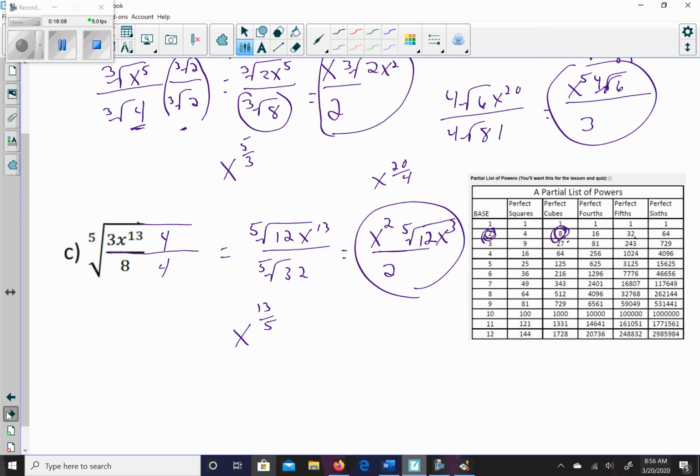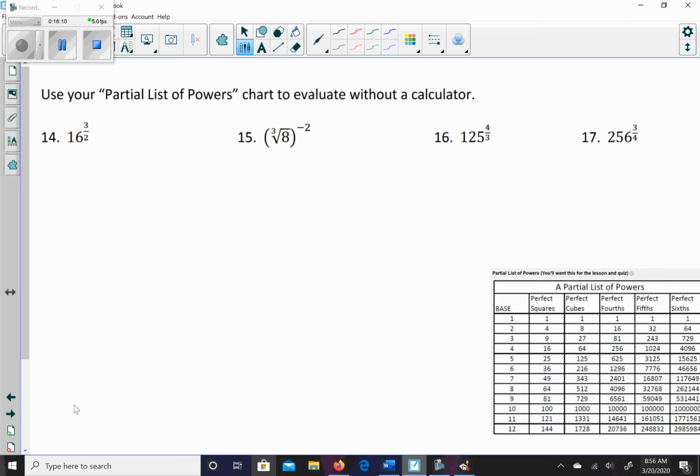Okay, moving on to the next one. Use your partial list of powers chart to evaluate without a calculator. So we're supposed to be doing this without a calculator. What I like to do is simplify this first. So I have 16 to the 2/3 power.